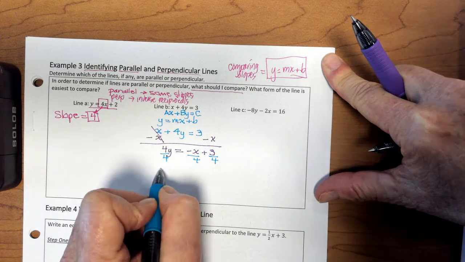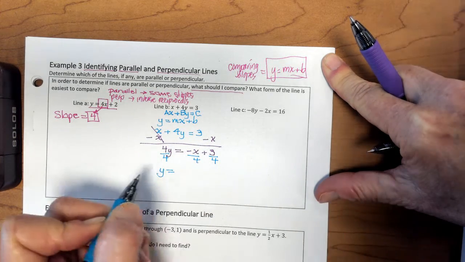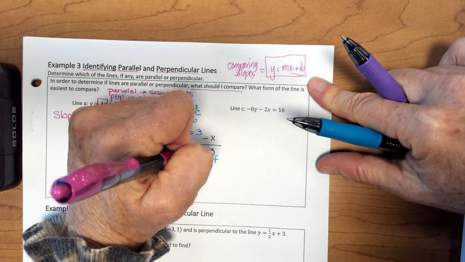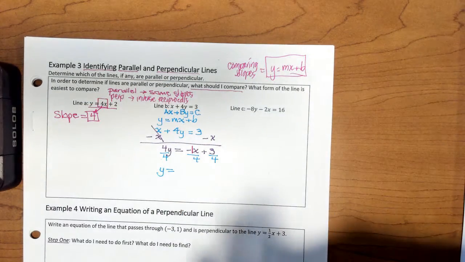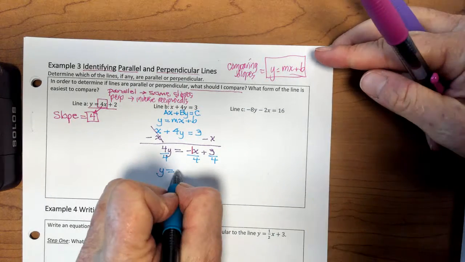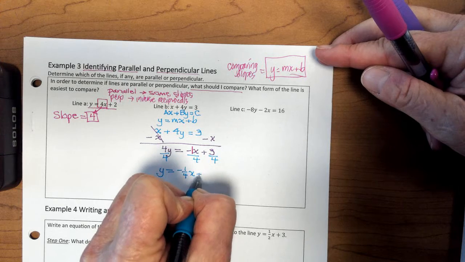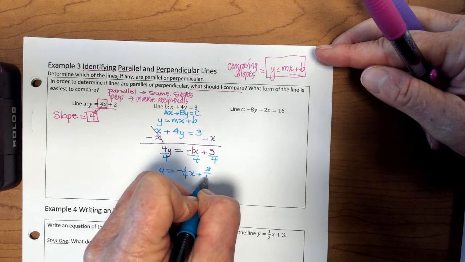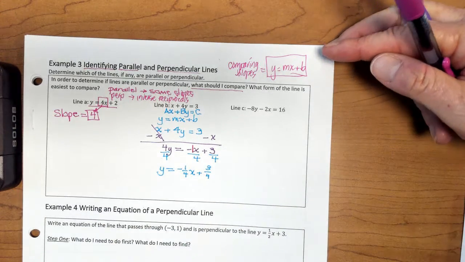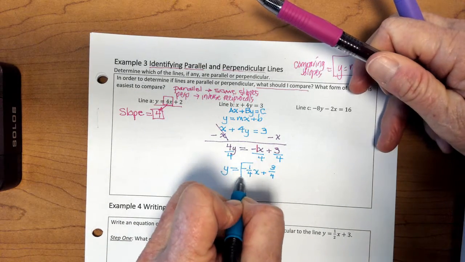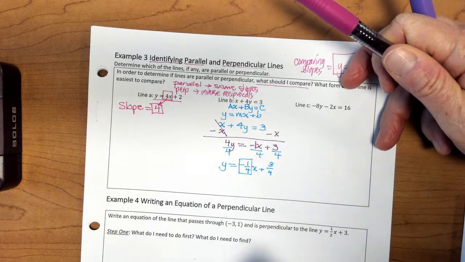When I do that, I'm left with y is equal to, and remember that there is a 1 that sits in front of the x, negative 1/4 x plus 3 over 4. And right there, in that format, I know that my slope is negative 1/4.